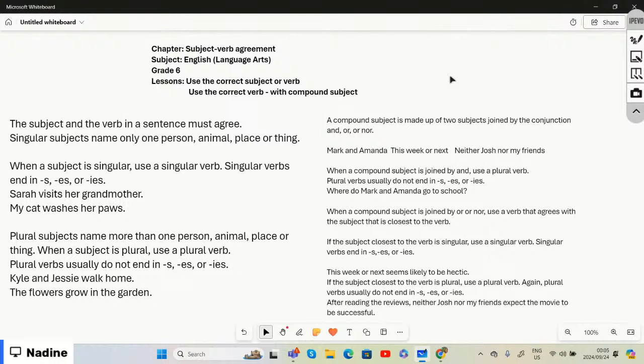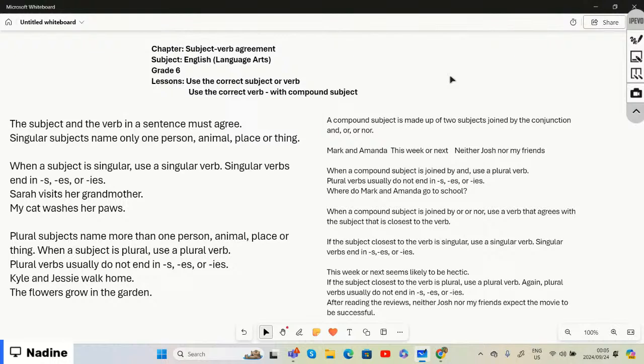Our subject is English language arts. We're doing grade 6.